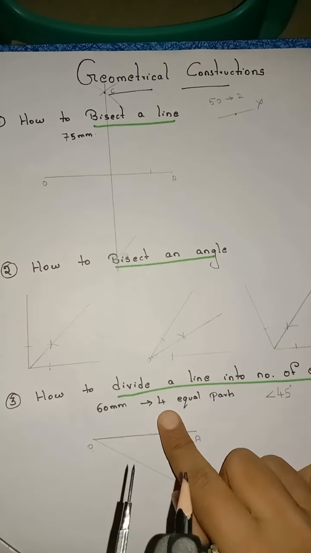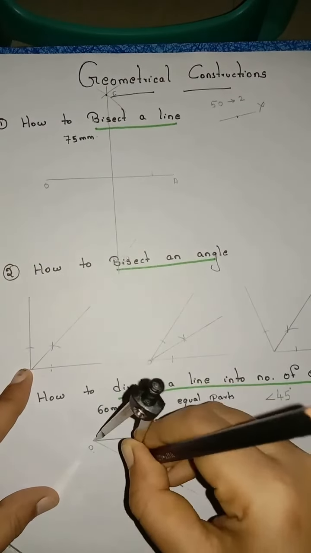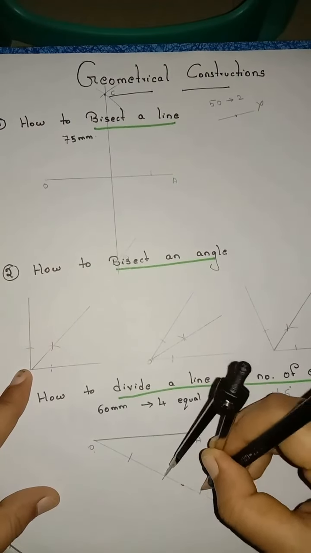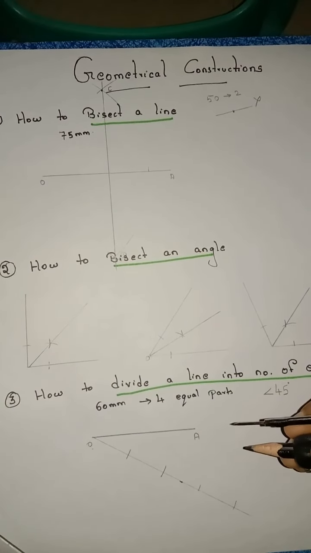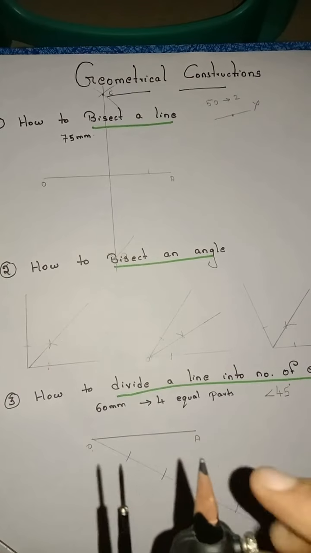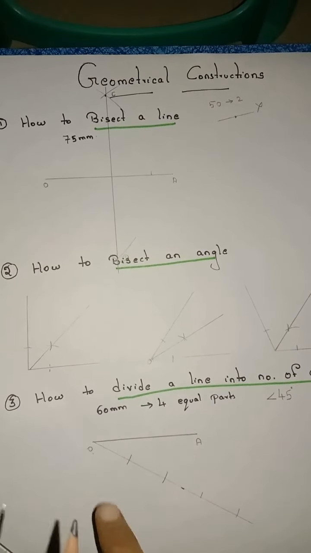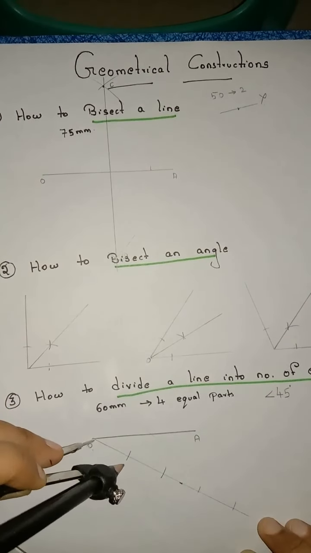How many equal parts do I have to make? 4 equal parts. Start from O: 1, 2, 3 and 4. The important point to note here is you can take any radius of your compass, but don't change the radius till the last point.